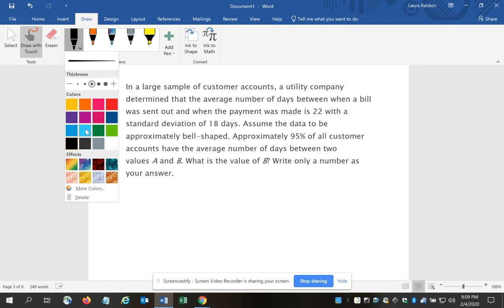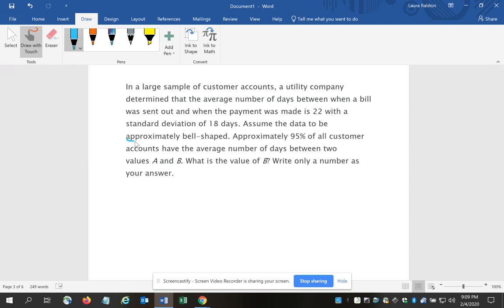Here again, one of the first things I want to think about is that it says approximately bell-shaped, and knowing that is my clue that I can apply the empirical rule.